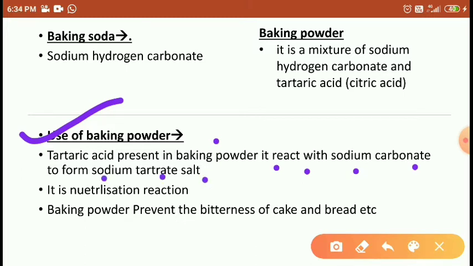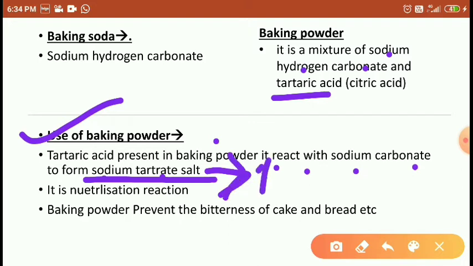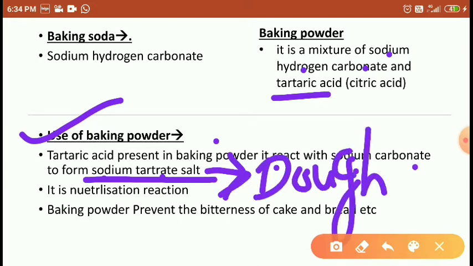So when sodium hydrogen carbonate and tartaric acid are mixed, they form sodium tartrate salt. This sodium tartrate salt is added to the dough, then the dough has a sweet taste. The cake and bread have a sweet taste because of the sodium tartrate salt, right?